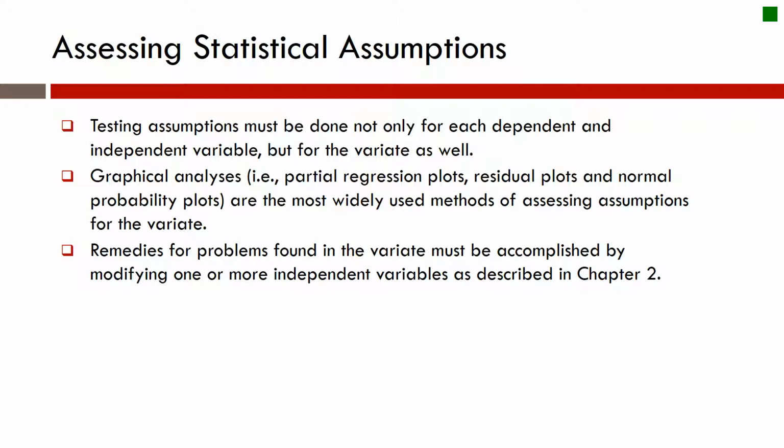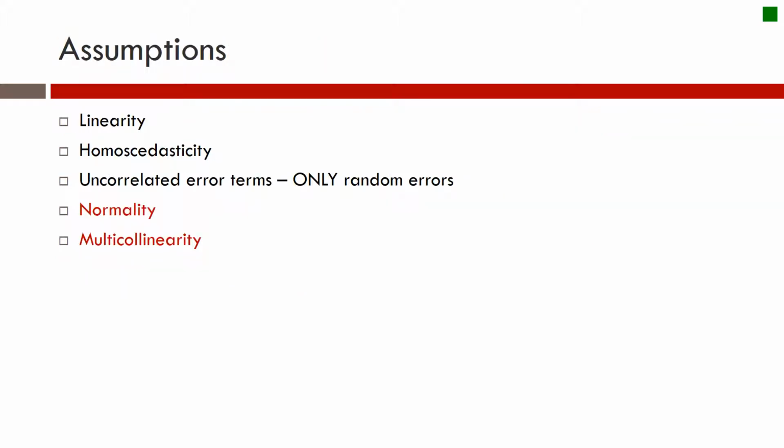So we want to test for independent variables and individual variables in both the dependent and independent variable side of the variate. And we also want to take a graphical approach as well. And then we want to be able to see if we can make some transformations or try to normalize the data if possible. So linearity, homoscedasticity, which we want to make sure is non-correlated error terms.